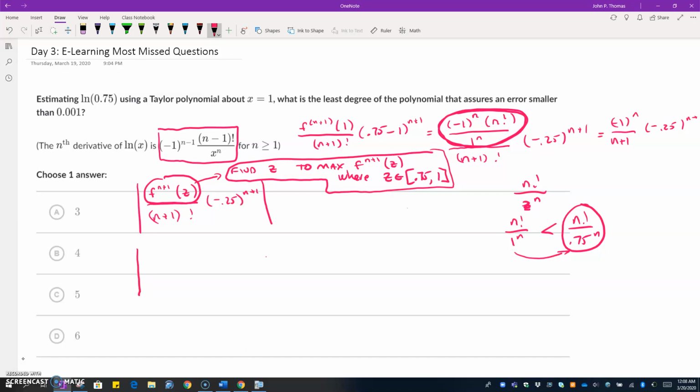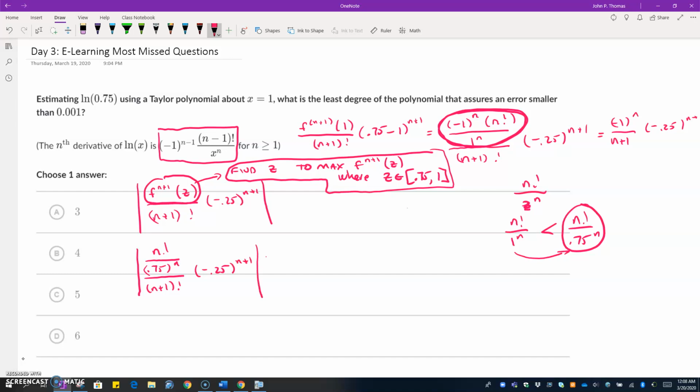Right, so I've got n factorial over 0.75 to the n divided by n plus 1 factorial all times negative 0.25 to the n plus 1.